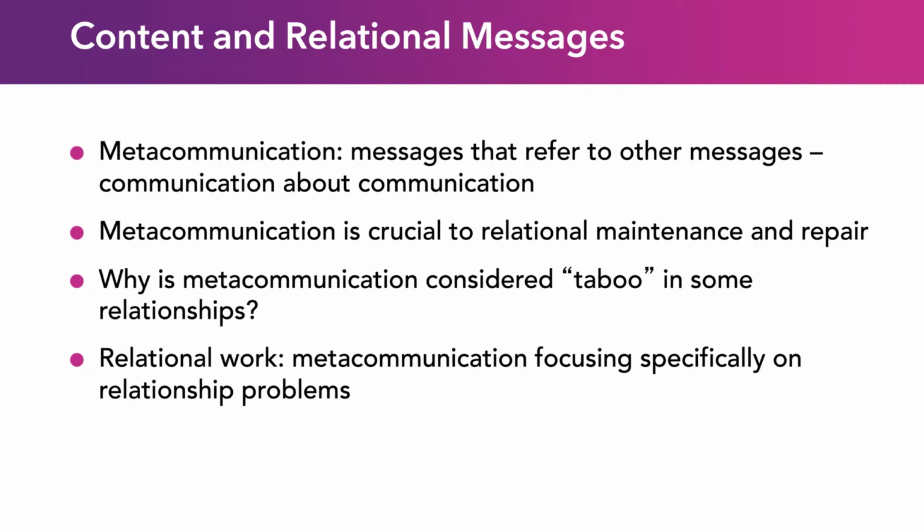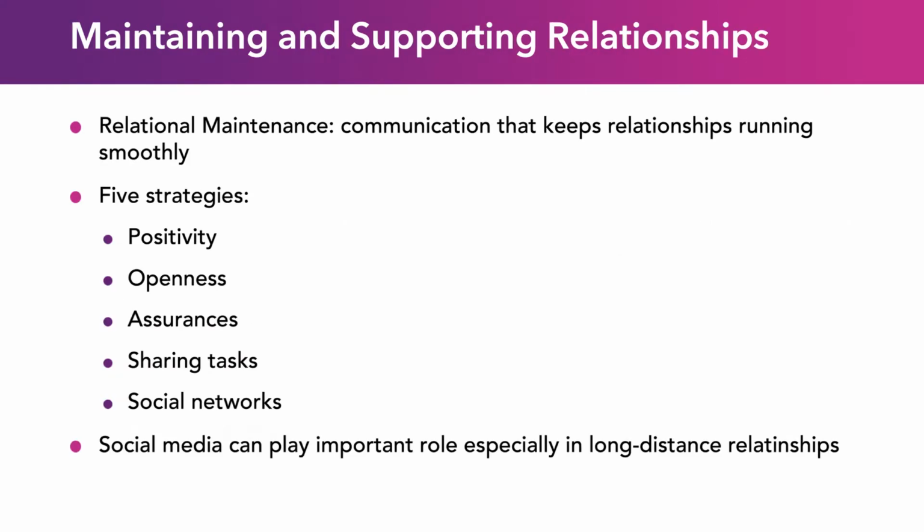There's a question, and I don't have an answer for this because I'd like us to talk about this. Why are there some people who won't talk about it? Any idea? There is a term called relational work, which is the metacommunication that focuses specifically on problems that we're having in relationships.